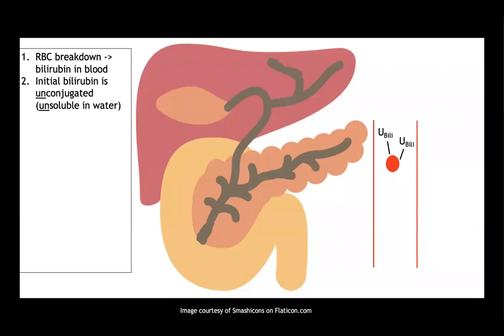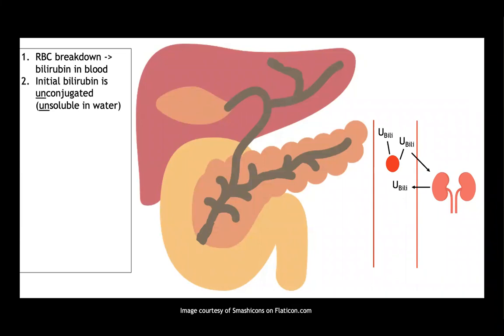An important thing to recognize is that unconjugated bilirubin is insoluble in water. So if this unconjugated bilirubin tried to go to the kidneys to get excreted, the kidneys basically throw it back in the bloodstream and say, I can't do that, because they're only going to help out with some water soluble compounds.